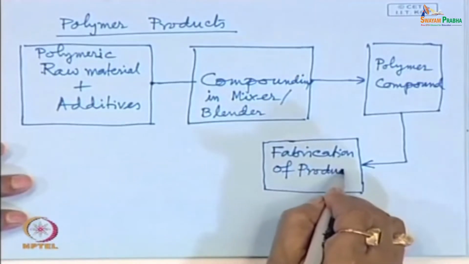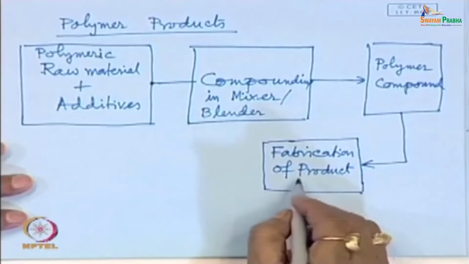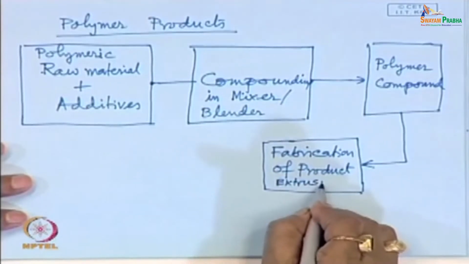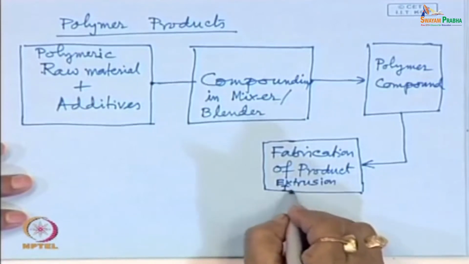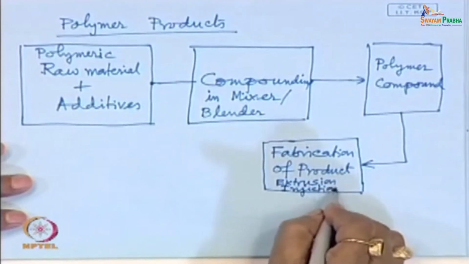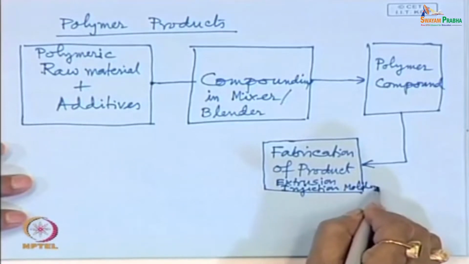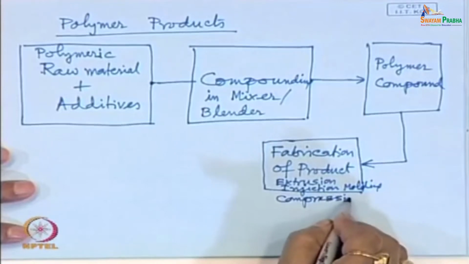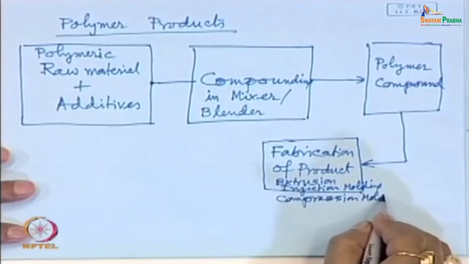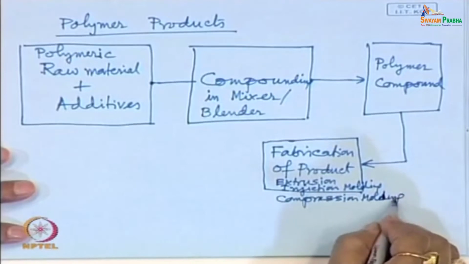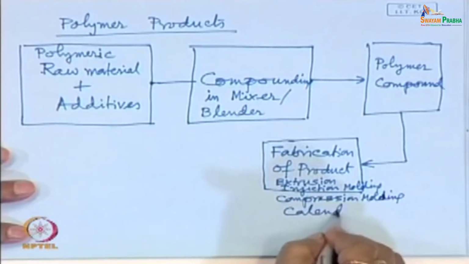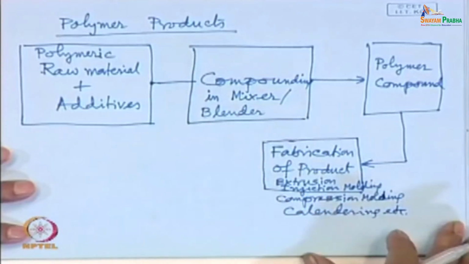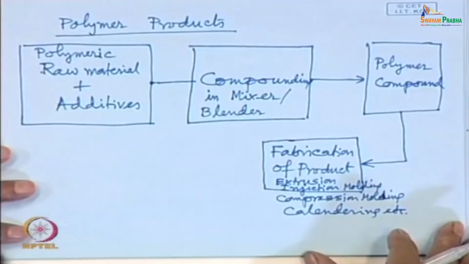fabrication of product. Now, this actually may be, say, by extrusion, injection molding, compression molding, calendaring, etc. There are various techniques we will discuss later in detail.